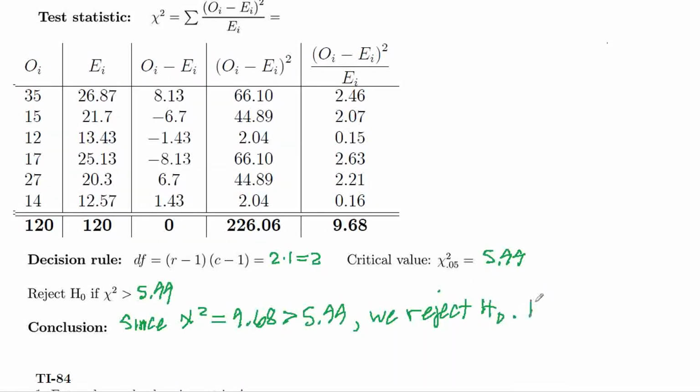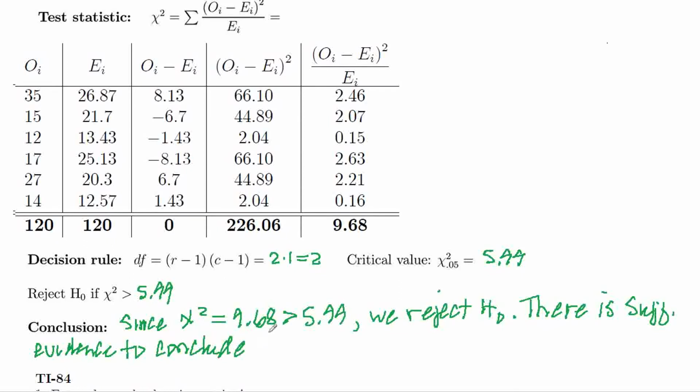So formally, there is sufficient evidence to conclude that party and status, or stance, are dependent or associated.